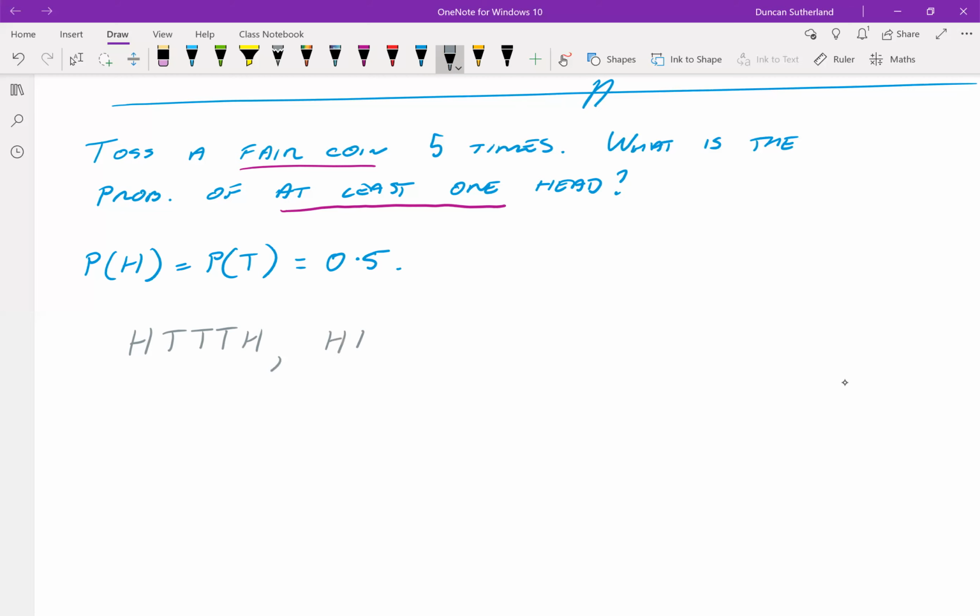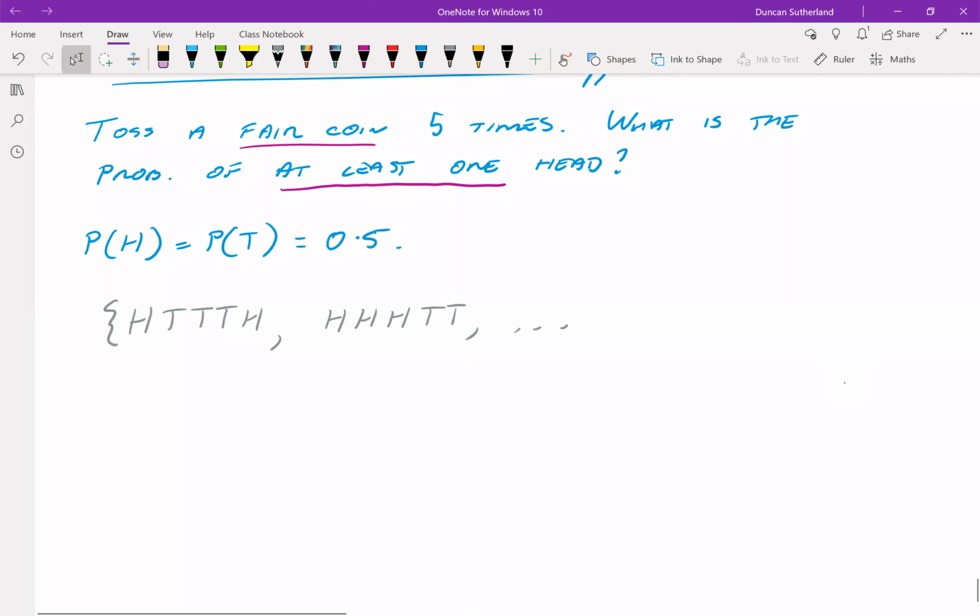You could get head, head, head, tail, tail. There's many different possible outcomes. It's too difficult to count all of these, the total number of these things. So it's actually easier to use the idea of complementary events.